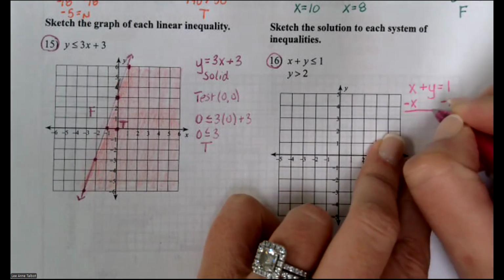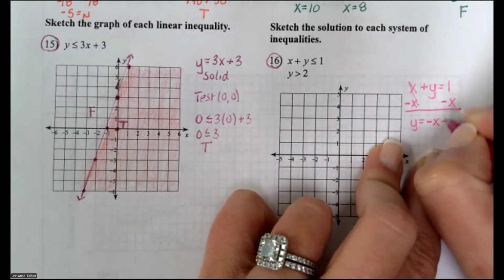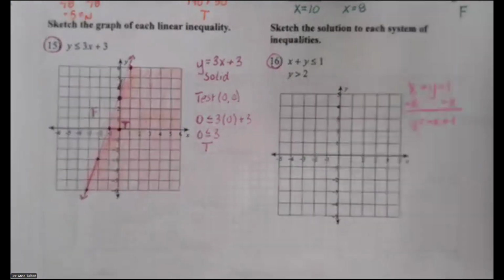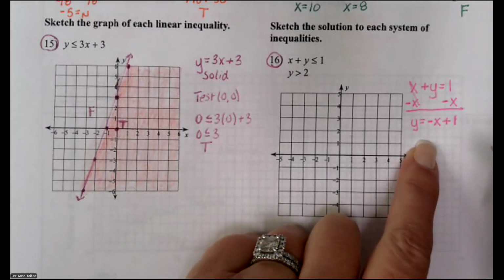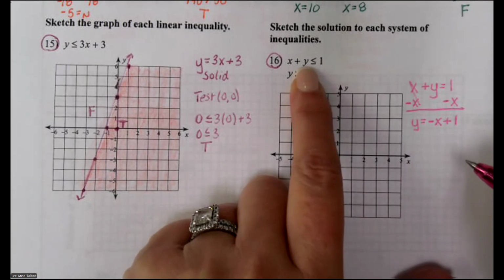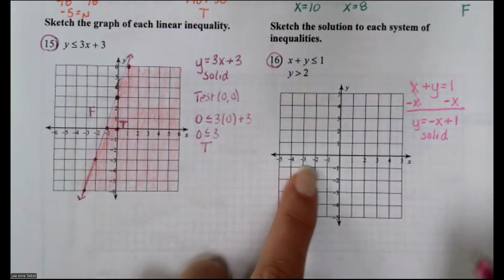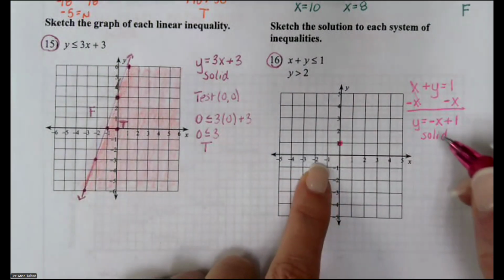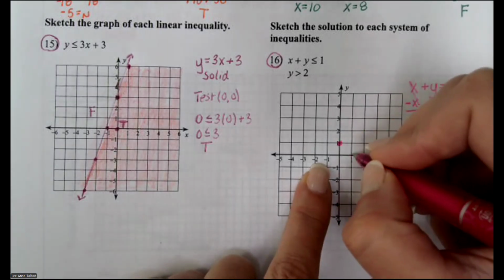So minus x, y equals negative x plus 1. Okay, and then is this solid or dashed? Solid. Okay, so we're going to graph negative x plus 1. I'm going to go up 1 for the y-intercept. And then negative x is a slope of -1, which means you go down 1 over 1.